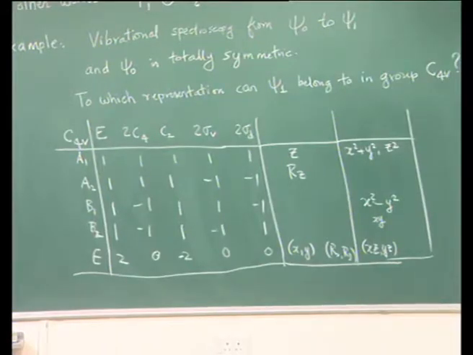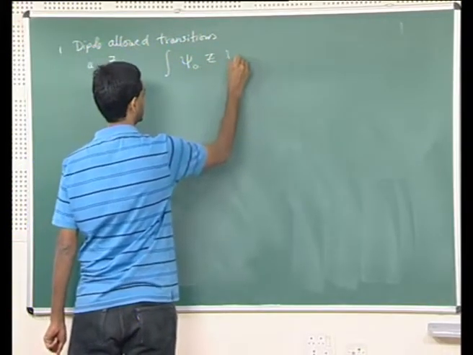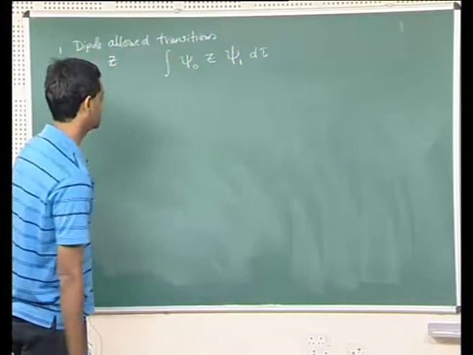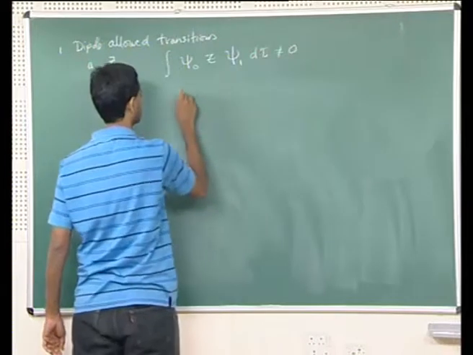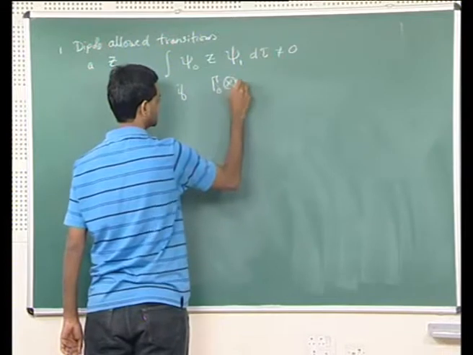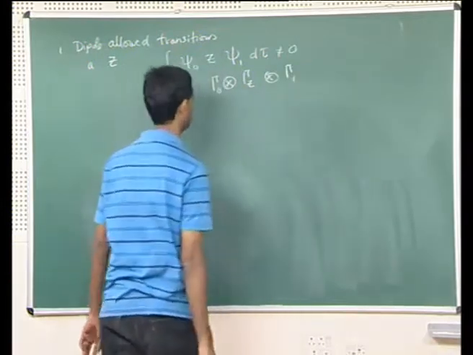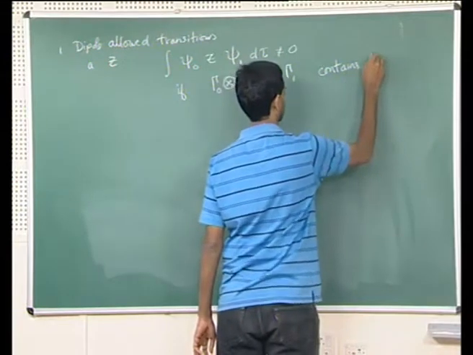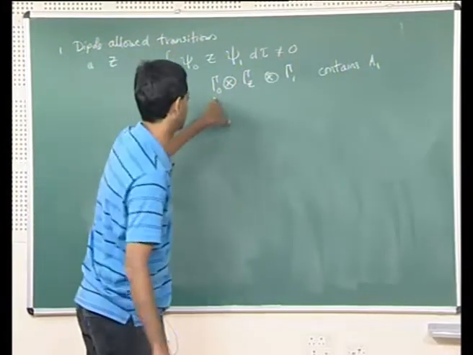So the integral psi 0 z psi 1 d tau is not equal to 0 if gamma 0 cross gamma z cross gamma 1 contains A1. Now you are already told that gamma 0 is the totally symmetric representation.